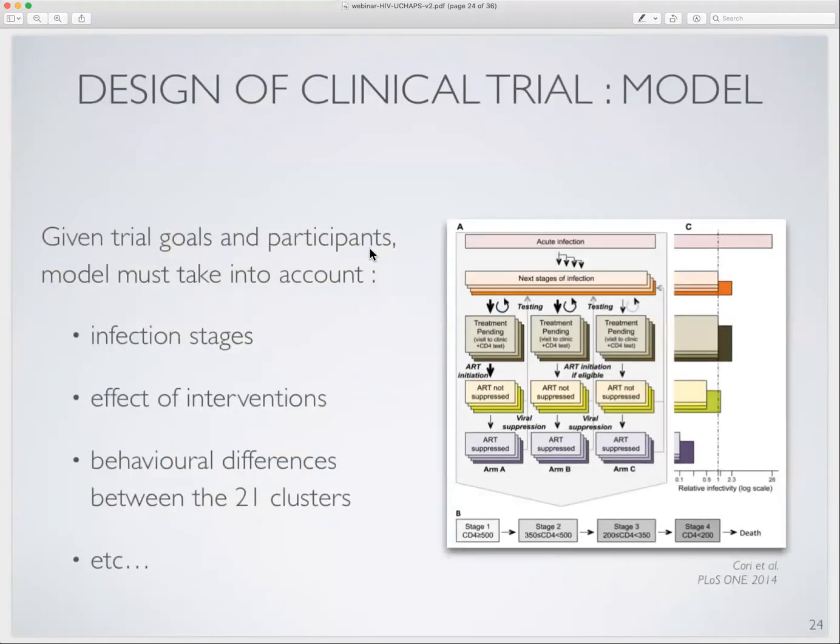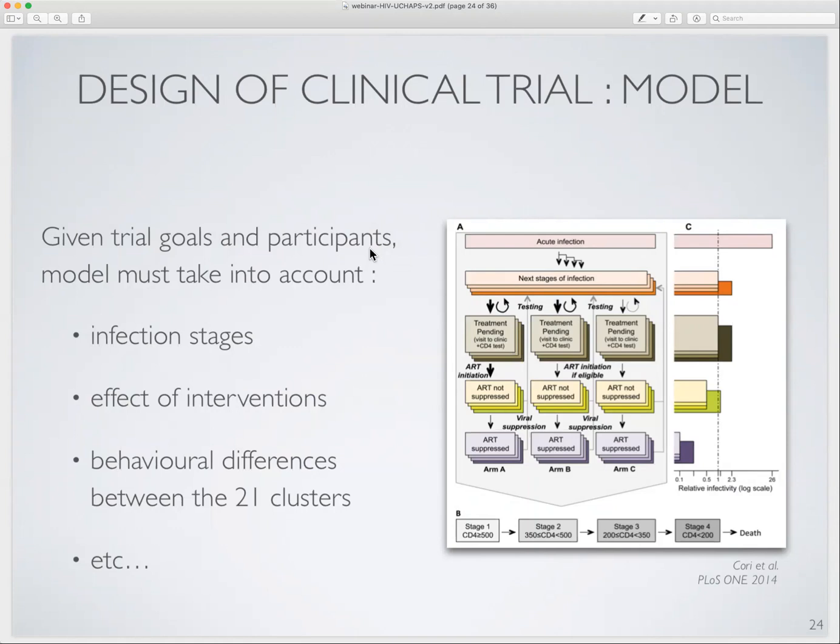So the investigators made a mathematical model that replicated both the intended design of the clinical trial and the participant populations. It is a fairly complex model, again, and we won't have time to get into much detail in this webinar.